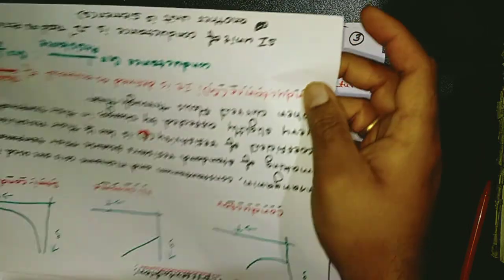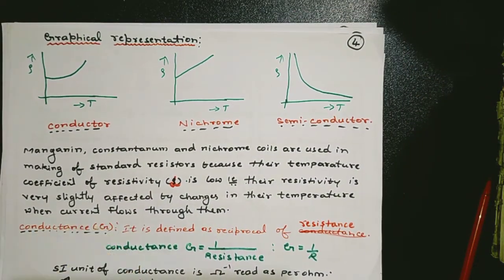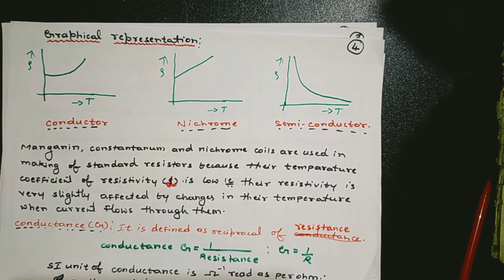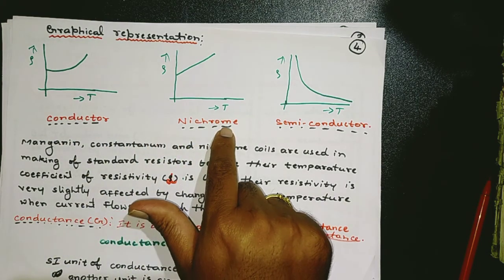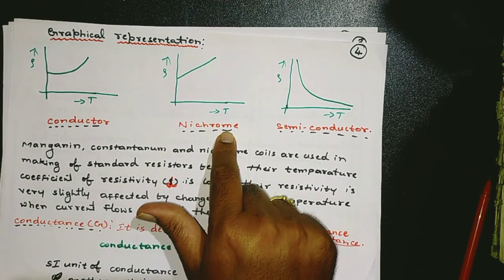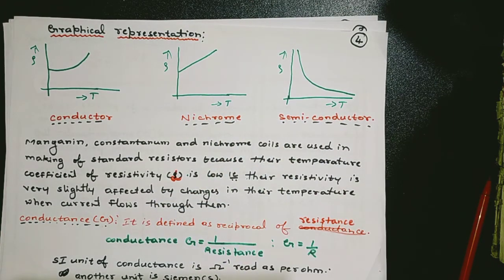Then we also graphically represented the variation of resistivity with temperature in different cases. We considered the case of conductor, then nichrome. This is the same for even constantan and manganin, and semiconductor. Then remember, standard resistors are always constructed with the help of nichrome or manganin or constantan wire coil, because their temperature coefficient is very low.